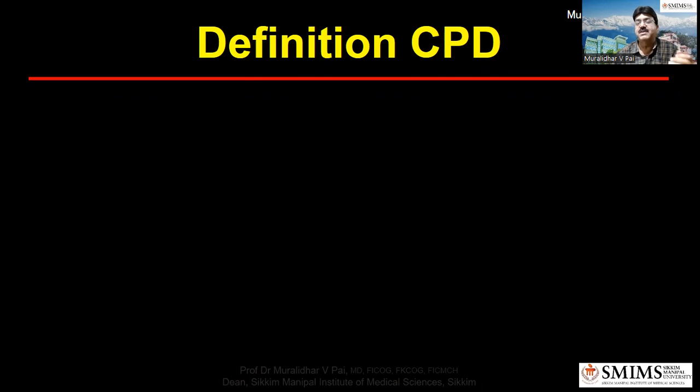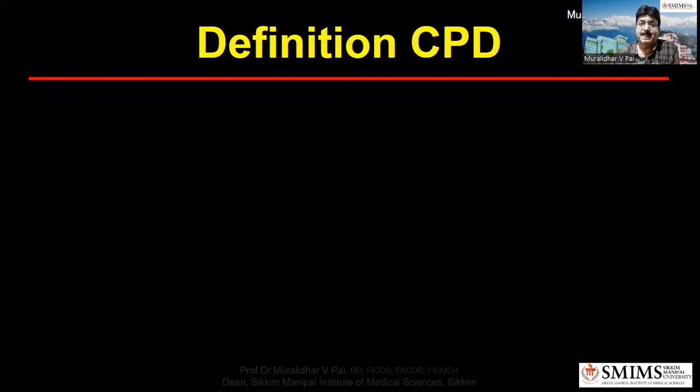So that's why, even if the pelvis is nice and round and gynecoid, if the given baby is bigger than this pelvis, there can still be cephalopelvic disproportion. At this juncture, I want to clarify to all the postgraduates: don't get confused between contracted pelvis, CPD, and the gynecoid pelvis.